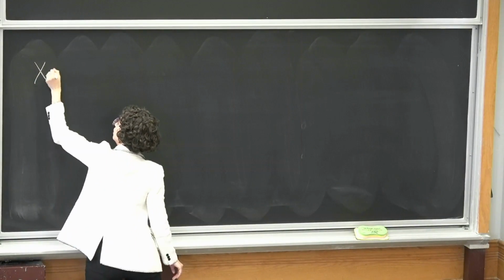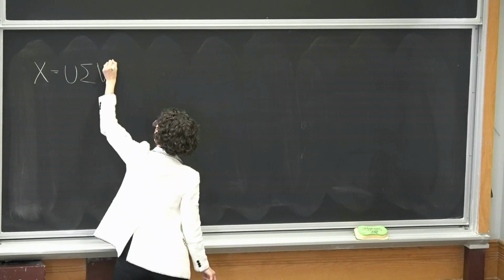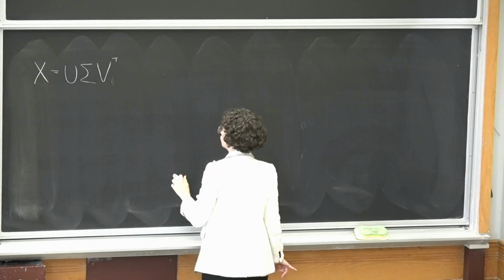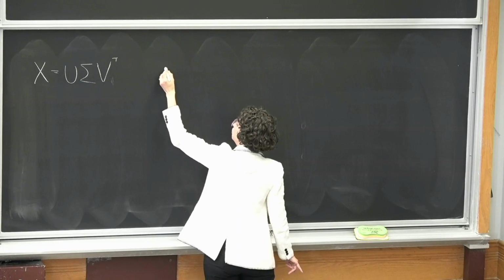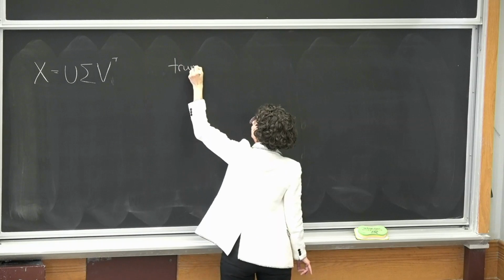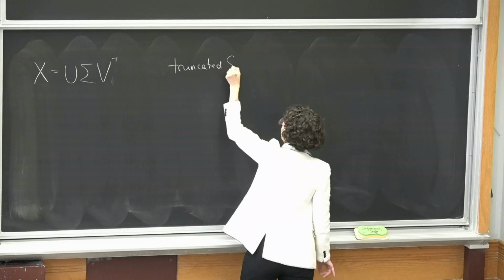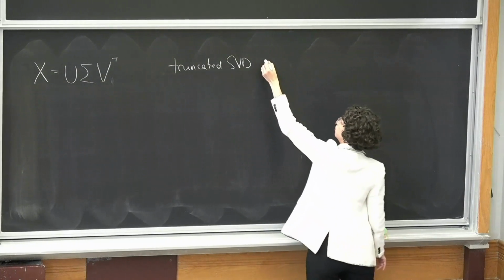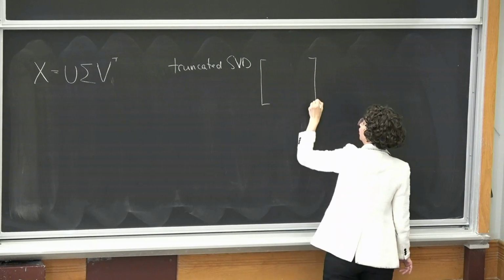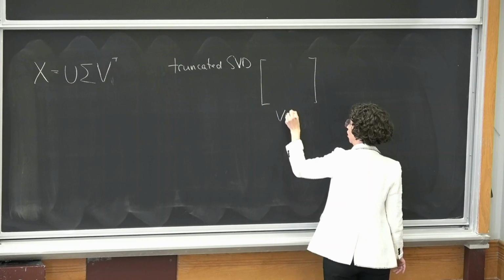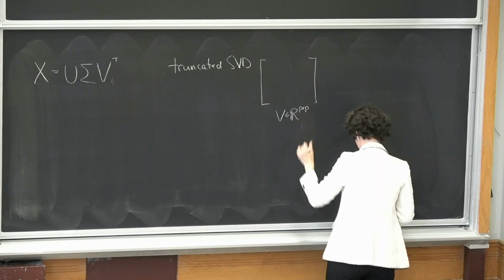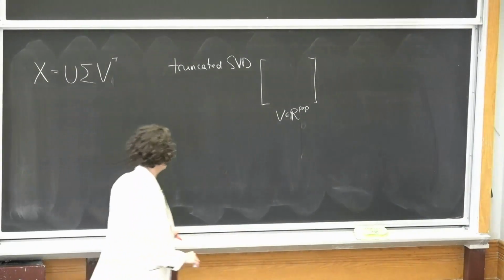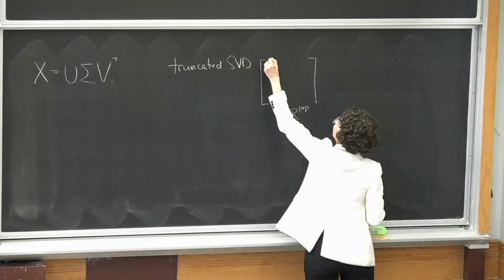So X is equal to U sigma V transpose. Let's remind ourselves that when we do the truncated SVD, we are taking our V matrix, which is P by P, so V is in R^(P by P), and then we are keeping the first K columns of that.